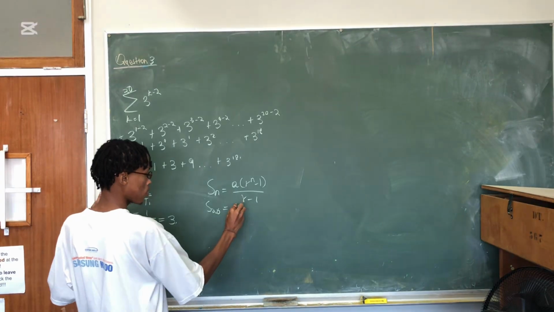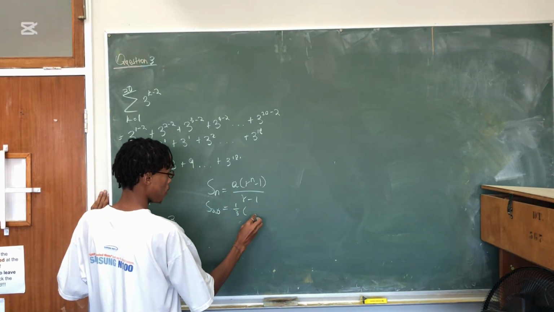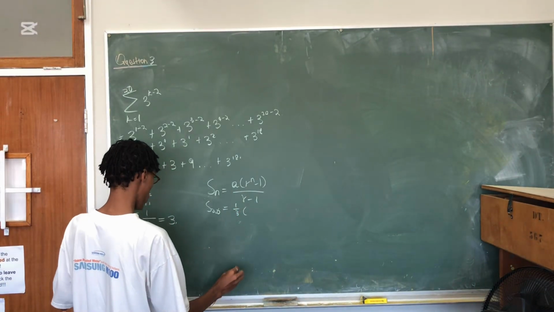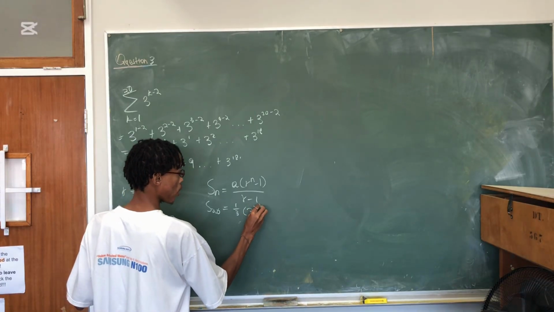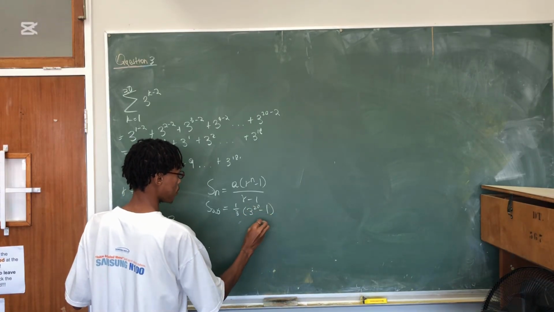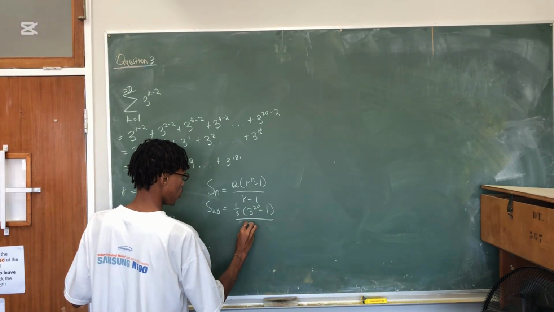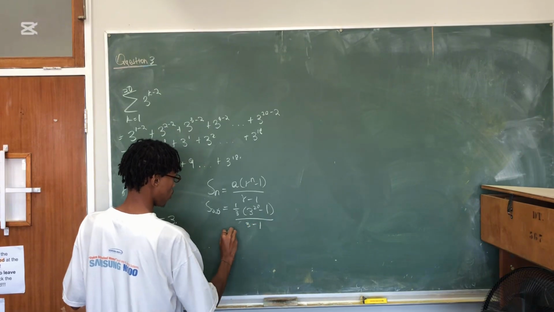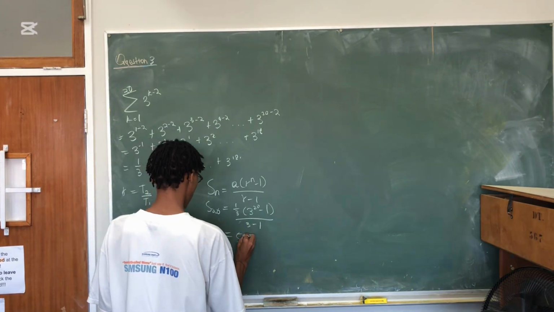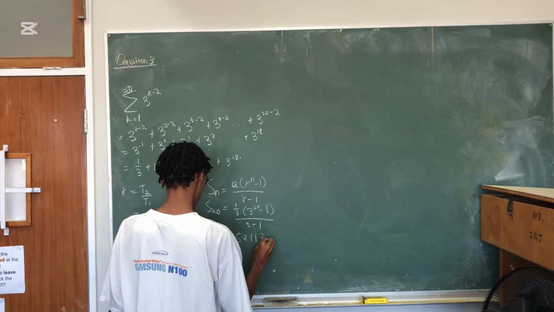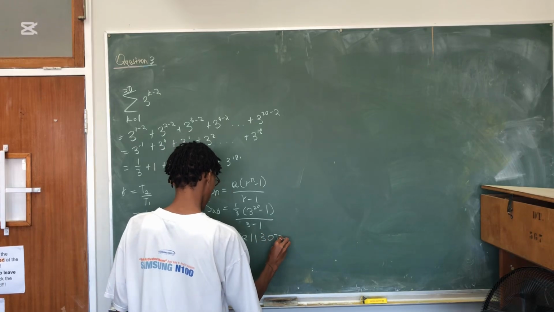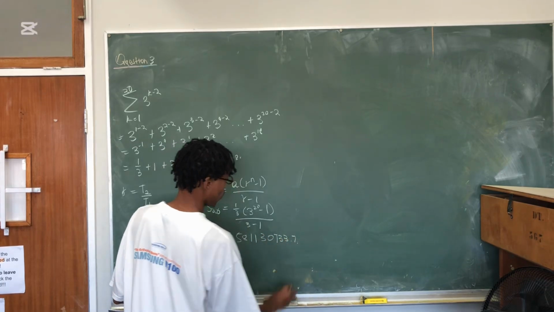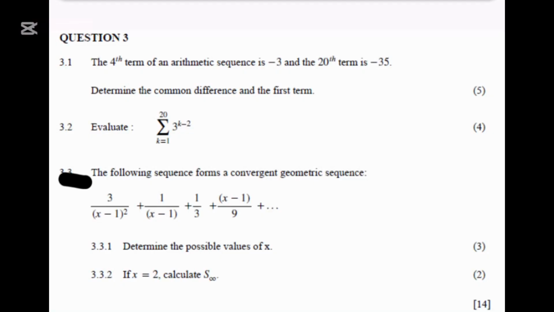A is 1/3, ratio being 3, so (3 to the power 20 - 1) over 3 - 1, which gives 58130733.7.